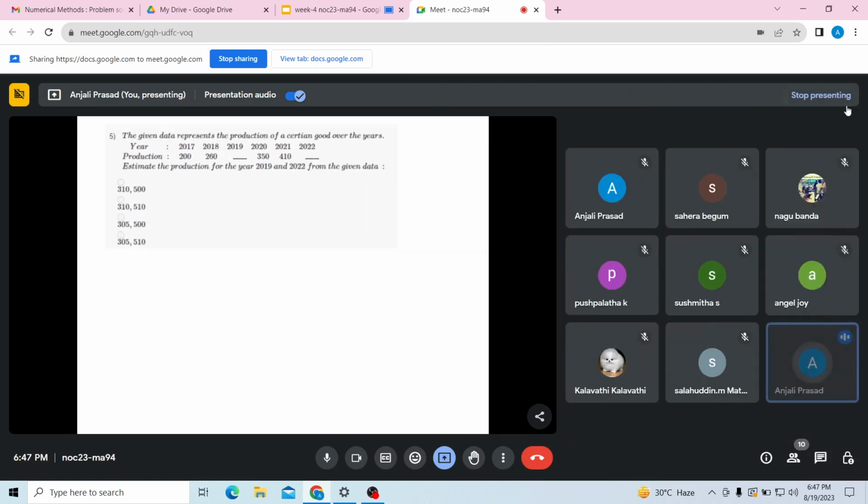Check your answer correctly. Again, since you have the 4 data points, you can approximate using a polynomial of degree 3. And again, you know that del power 4 at y naught value will give 0.